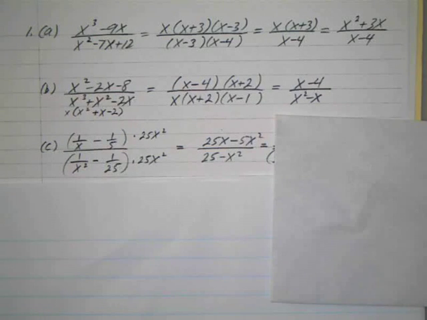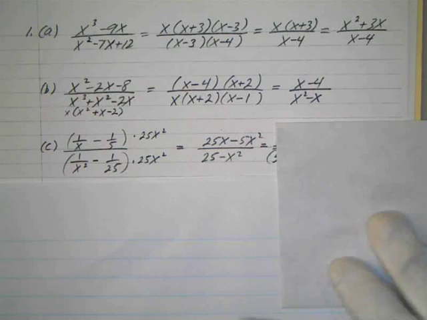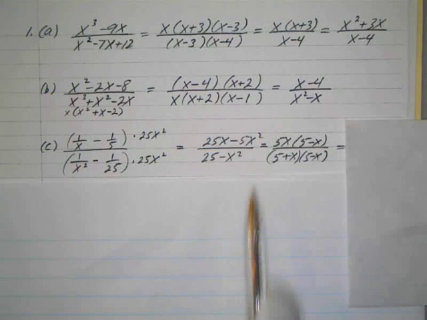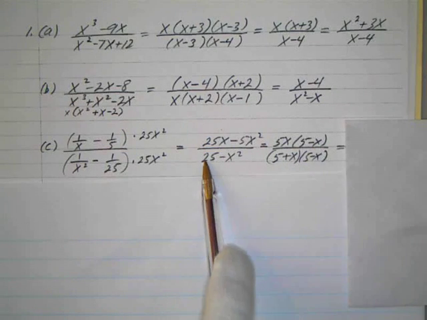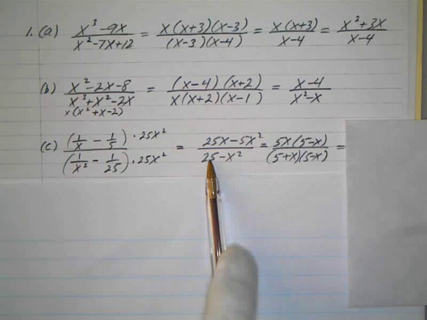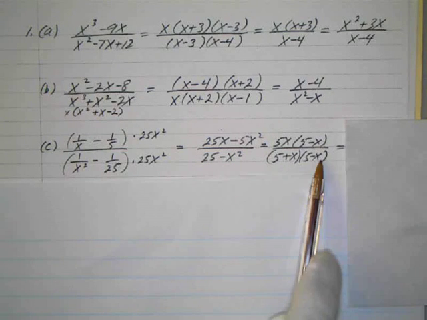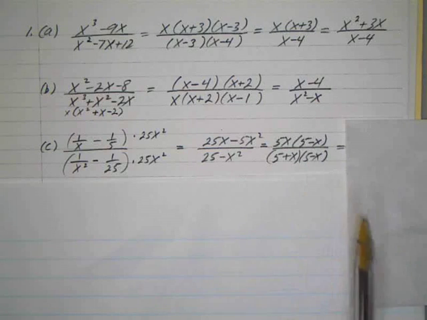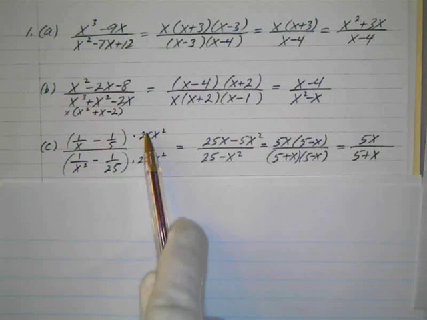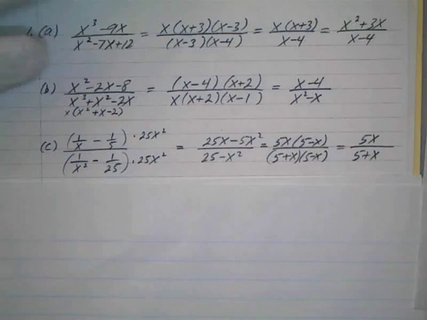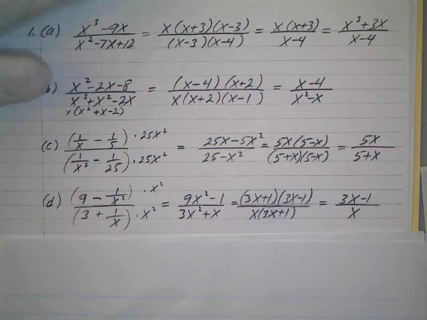No more complex fraction. Then all we have to do is factor the top and factor the bottom. Here I can factor out a 5x, leaves me with 5 minus x. Here I can factor this as a difference of perfect squares, 5 plus x times 5 minus x. The 5 minus x's cancel, and presto, we're done. So it's real easy. It's a nice method to know. Multiply the top and the bottom by the LCD, and then you're home free.